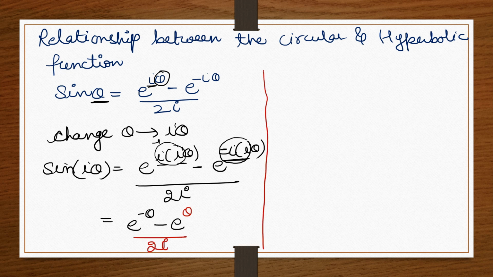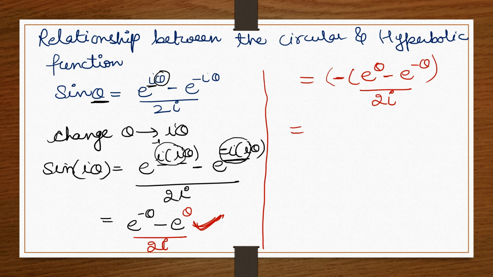And tell me, can I take this negative common? So from here I am taking negative common. What you'll get is e power theta minus e power minus theta over 2 iota. Correct. Now write this negative and this iota like this.